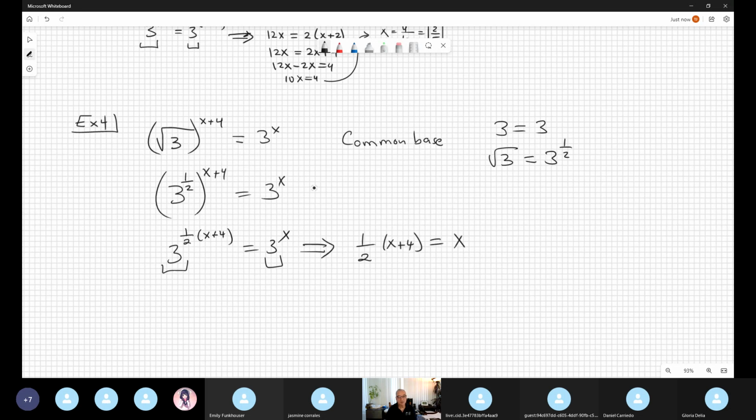I don't like the fraction, so you multiply the entire equation by 2 to eliminate the fraction. 2 times 1/2 is 1, and 1 is invisible. And here is 2 times x, 2x. Wow, an equivalent equation without fractions. Now we solve it. 4 is equal to 2x minus x, and 2x minus x is x. x equals 4.